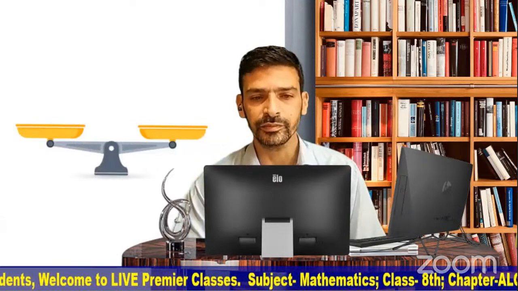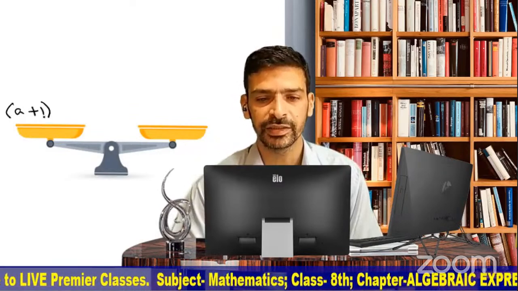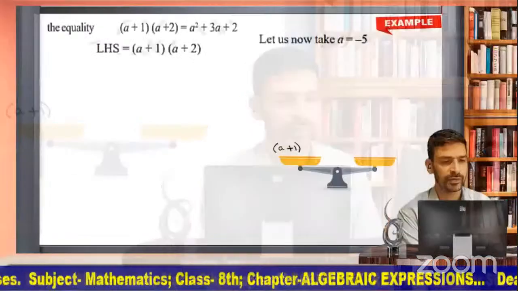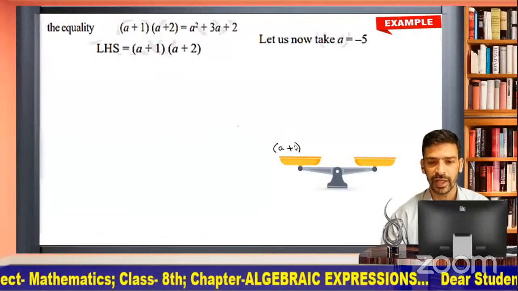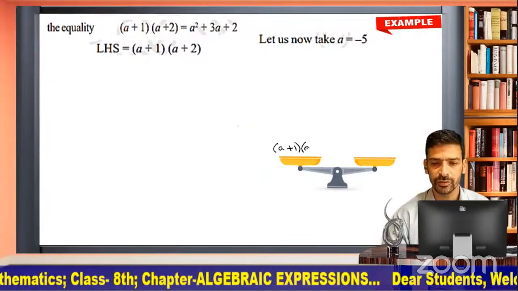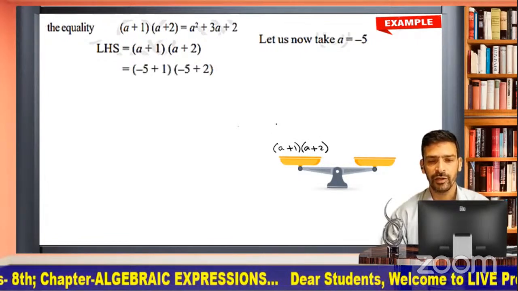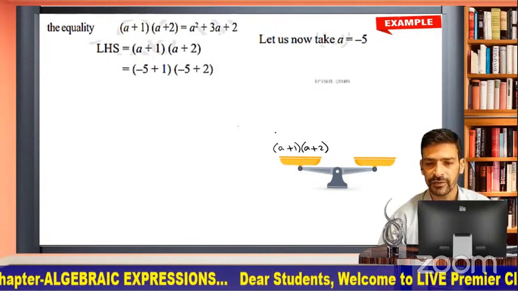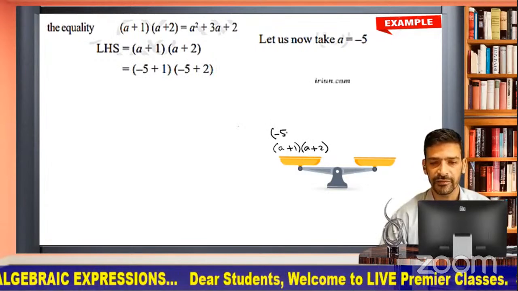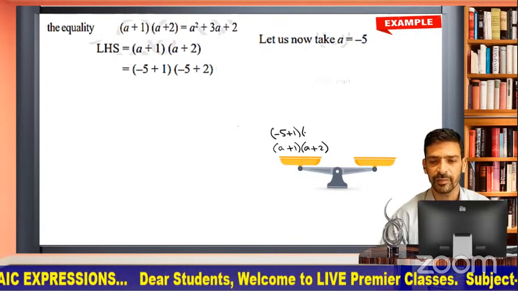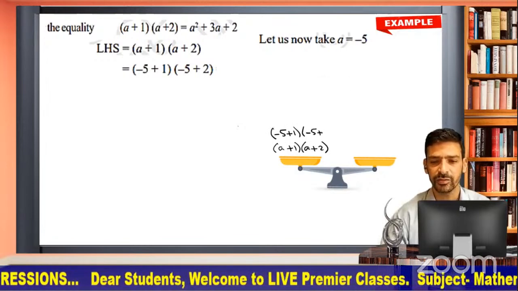I write here the equality is, for left hand side it is again a plus 1 multiplied by a plus 2. इसका वैल्यू मुझे लेना है a equals -5, plus 1 multiplied by -5 plus 2.